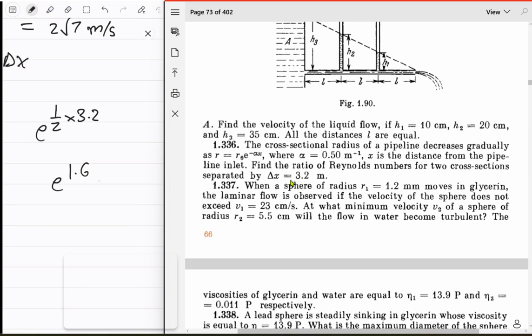Natural log of what is 1.6? I don't know. There's something with an e for sure. I don't know what the natural log of that is. Okay, e power 1.6, right? Hmm.